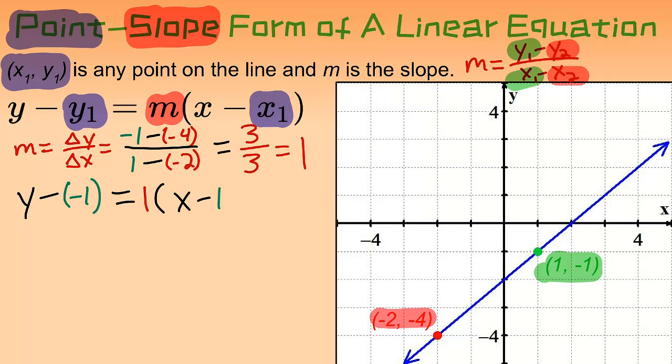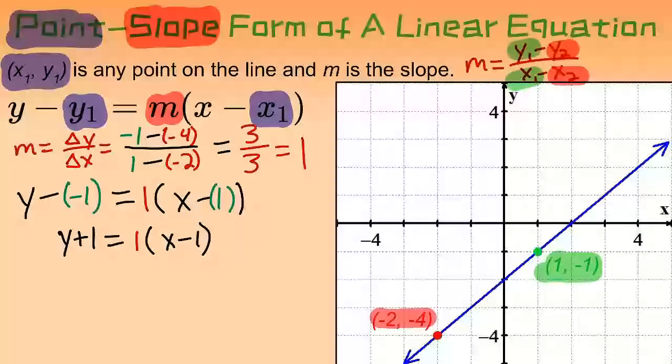I'm going to put that in parentheses just because it's good practice, when we substitute a value in, to put it in parentheses. So now I can rewrite that as y plus 1 is equal to, and because I'm multiplying the parentheses times 1, I don't need to put that 1 there, but I'm going to just to remind us that that's the slope times the quantity x minus 1 inside parentheses.